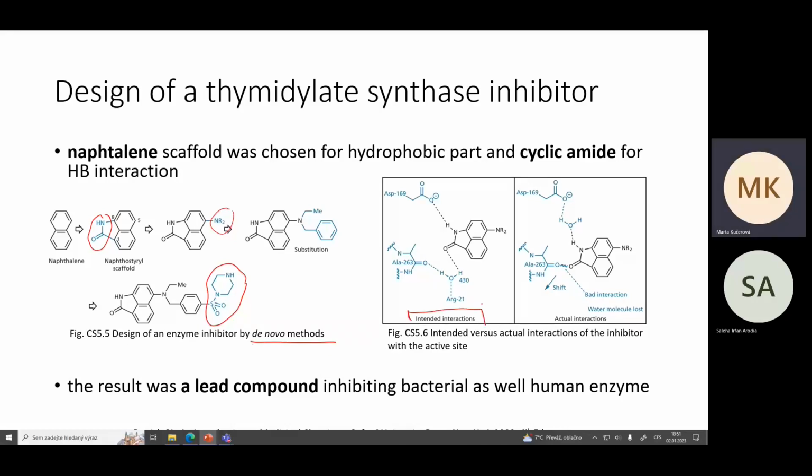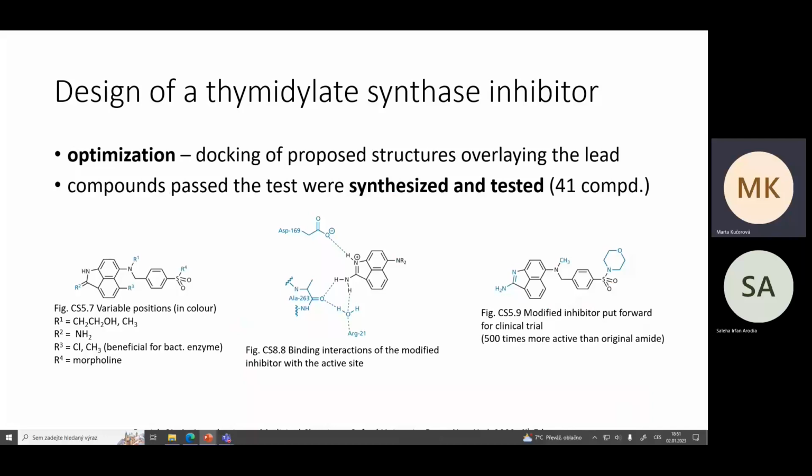Some interactions of this de novo compound were expected. However, the crystal structure did not confirm them. There was a bad interaction on the carbonyl of the lactame, so it was further optimized.